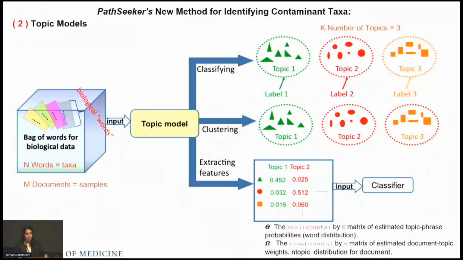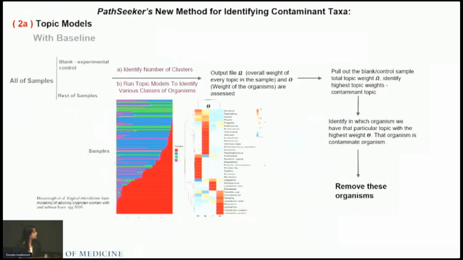The data gets classified into clusters, and what you get out of that is basically two data frames. One of them is theta, which shows you the weight of every feature in every topic, which is represented here. The other one is omega, which shows you the weight of the sample in that topic. You can look at this, that should explain it.